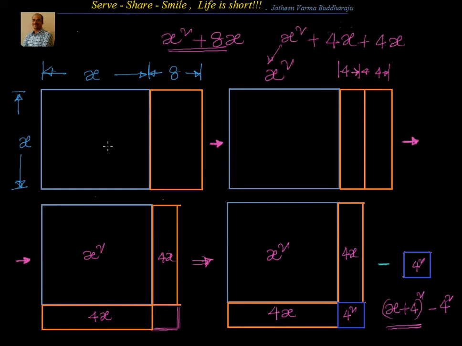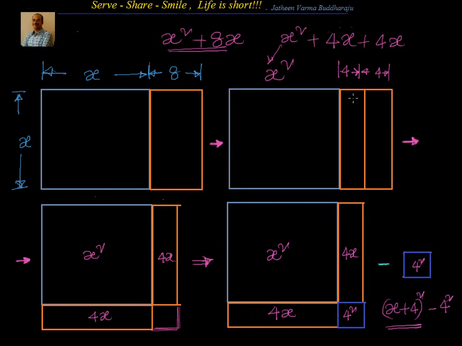So let's try to understand this again. Suppose we have been given x square plus 8x. Now we know that x square is a square and x square plus 8x is a rectangle. We want to make this a square. So we are dividing 8x into two equal parts. That's nothing but the 2ab term. So ab is 4x.